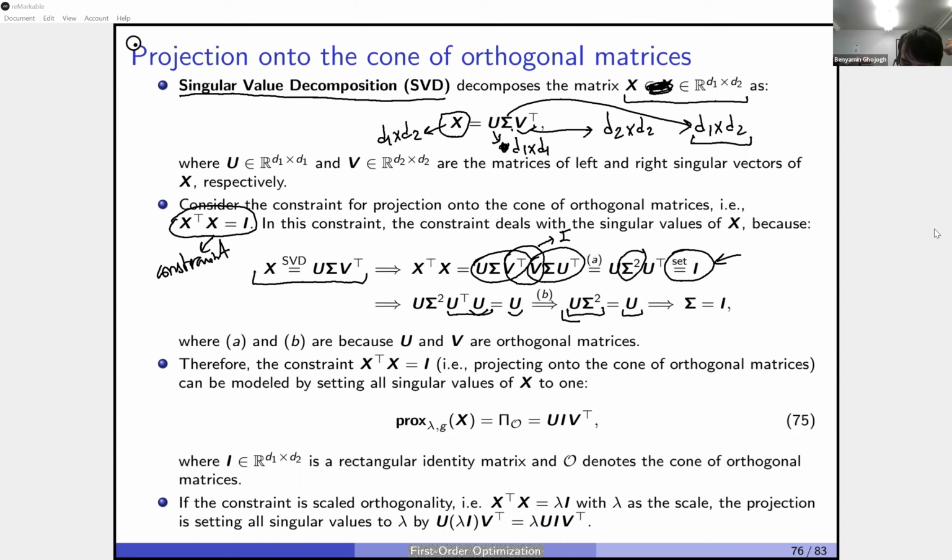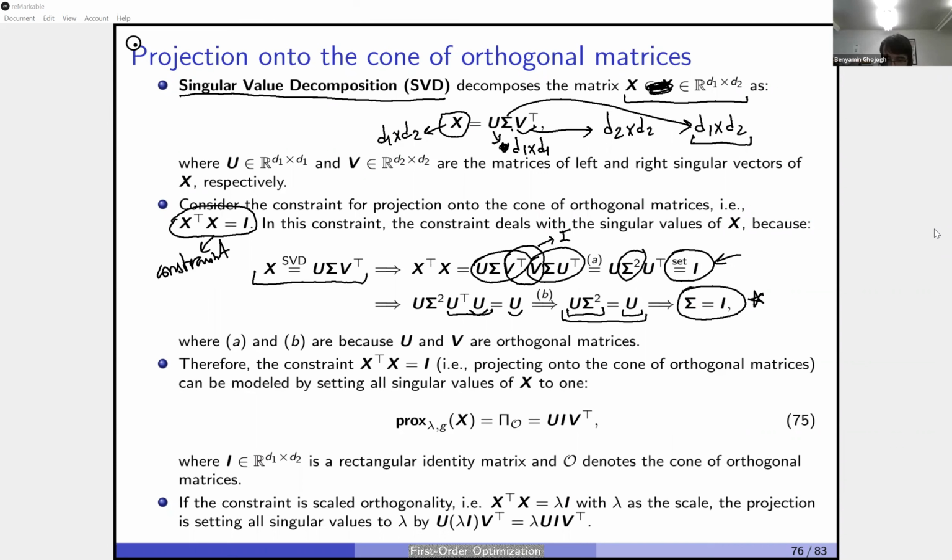When does this equality hold? When sigma equals the identity matrix. When sigma squared is I, so sigma is I. Okay. What does it mean? It means that whenever you want X to be an orthogonal matrix, so you have X transpose X equals I, the sigma in the SVD of X needs to be identity.